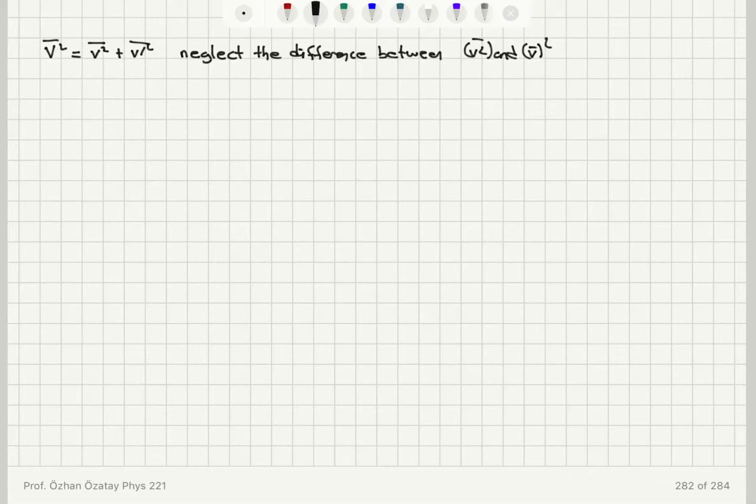So basically we will say that capital V bar squared is approximately lowercase v bar squared plus v prime bar squared. And since we assume that all identical molecules move with the same mean speed, you can say that v bar is the same as v prime bar.